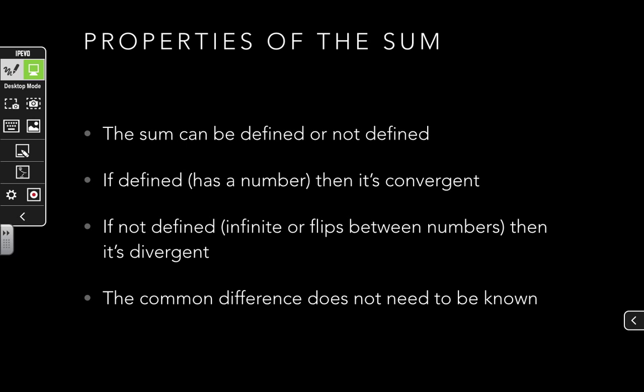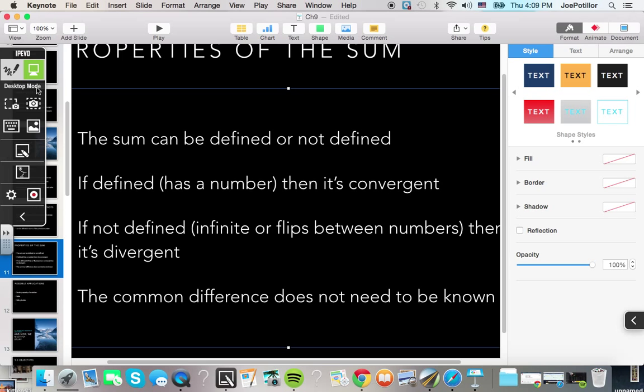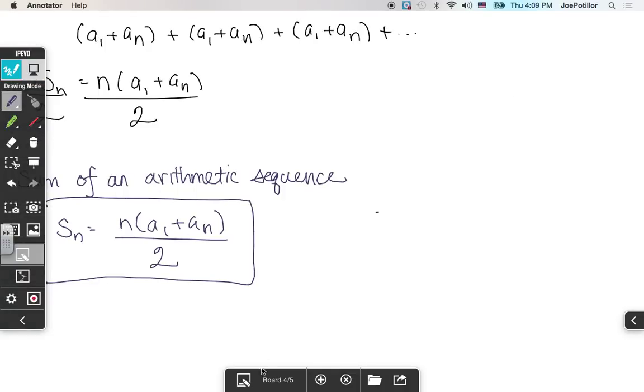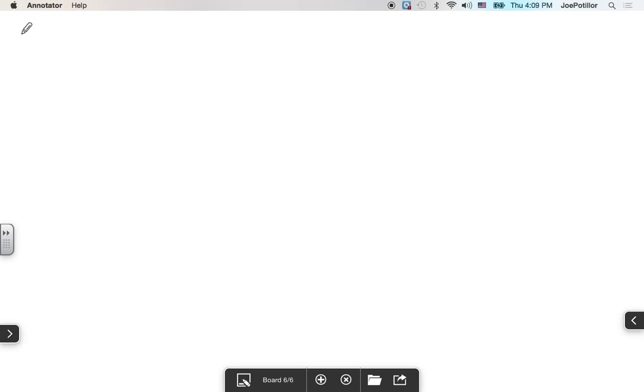So let's visualize what in the world we mean by convergence and divergence. To say something is convergent means, if I visualize it, this is my sum, this is my n.